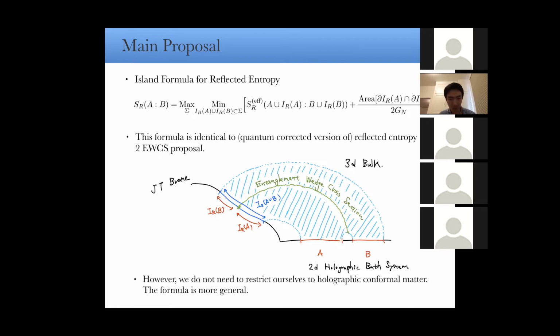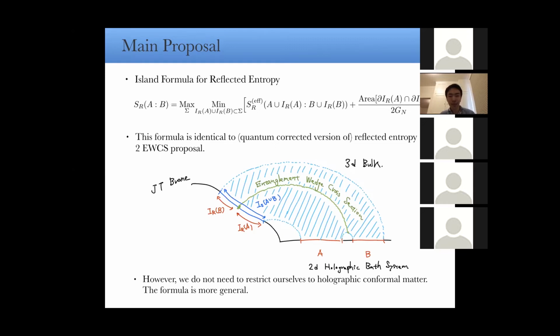So we consider the holographic dual of each system. The quantum mechanical system corresponds to a JT brane, and the 2D CFT corresponds to the 3D semiclassical bulk.